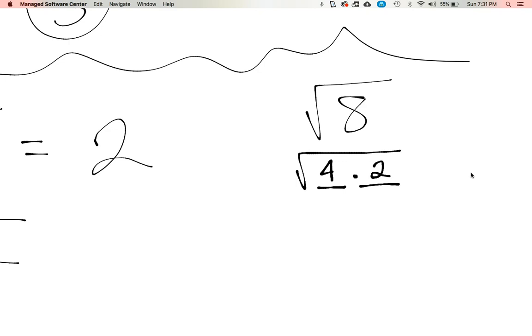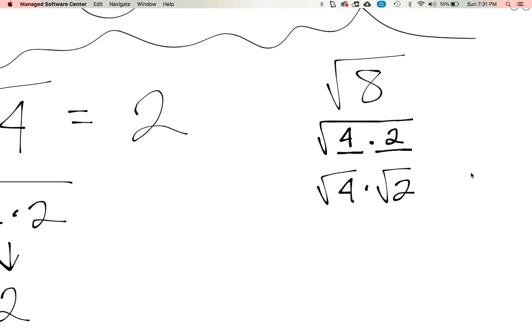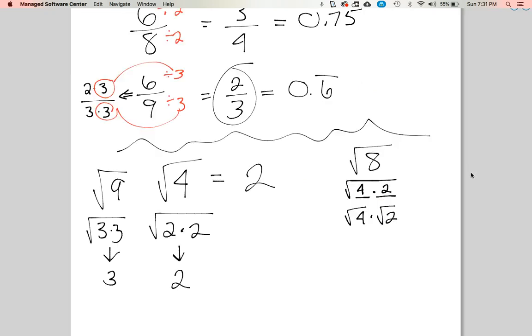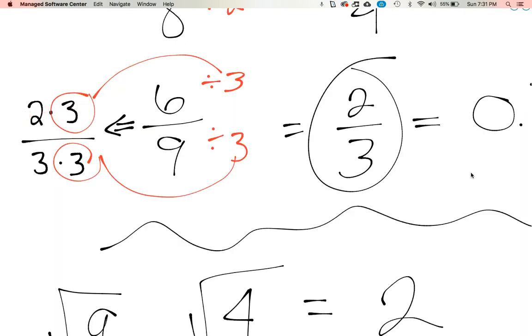And then we have a property that says the square root of 2 factors can split up into 2 separate square roots. So what I did right here is the same thing as if I did this. Now, I know a lot of you do not do this step when you simplify a fraction.